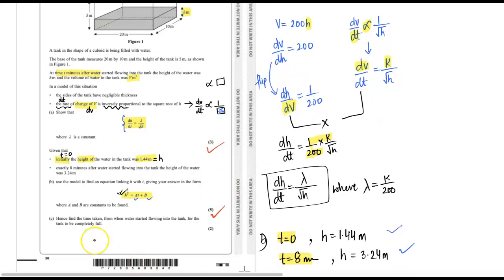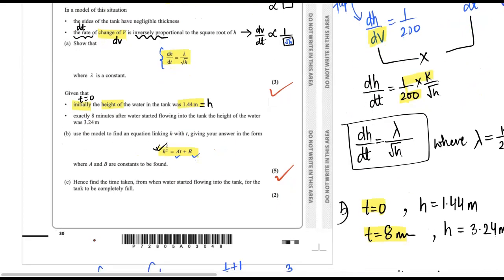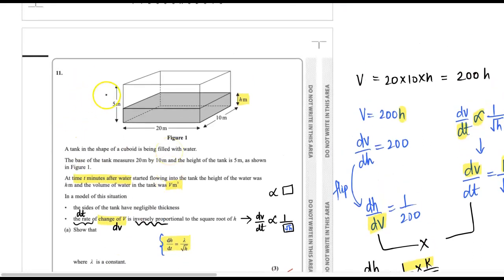Now the last thing. Find the time taken from when water started flowing into the tank for the tank to be completely full. Hence means you have to take help from the previous part. So the tank is completely full. When the tank is fully complete, what will the height be? It would be h.